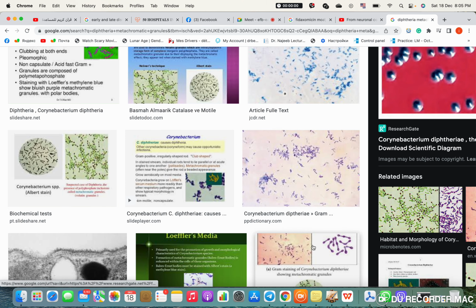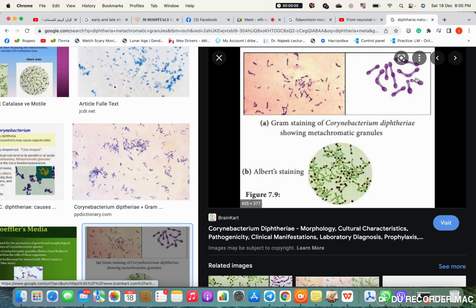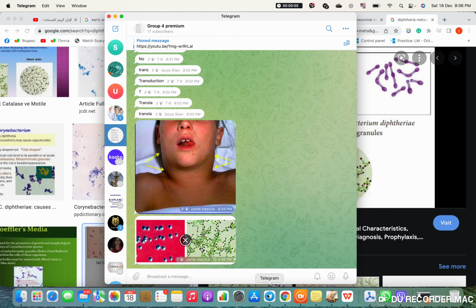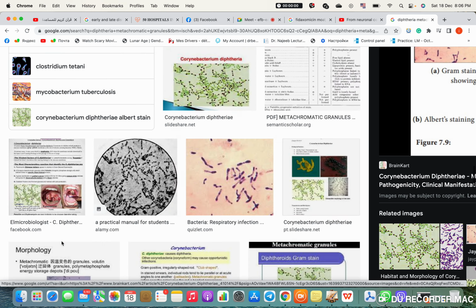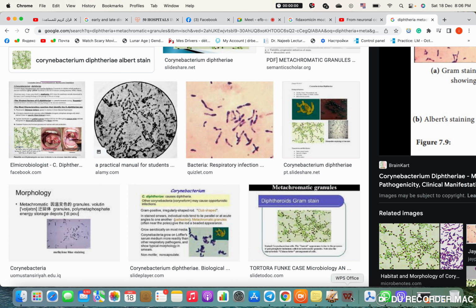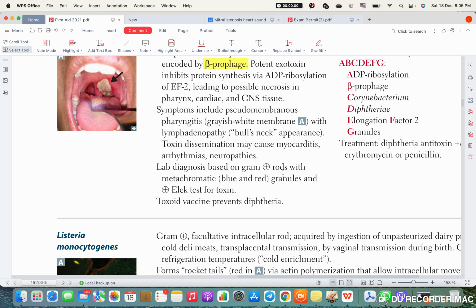The moment you see this racket shape, we call it racket shape, by the way, and it is on both sides, done. You have these metachromatic granules on both areas. You have yourself a diagnosis. Okay, good. And there is a biochemical test called the Elek test that can confirm the diagnosis.